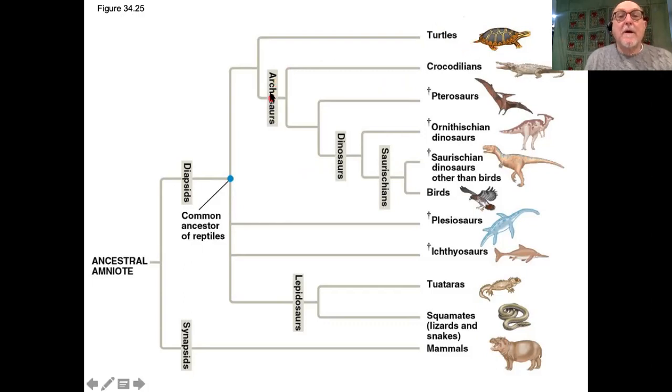The next group, this is a clade called the archosaurs. And that is virtually all the rest of the reptiles that we'll know about. The first very, very ancient group, and these are the crocodiles, the crocodilians.